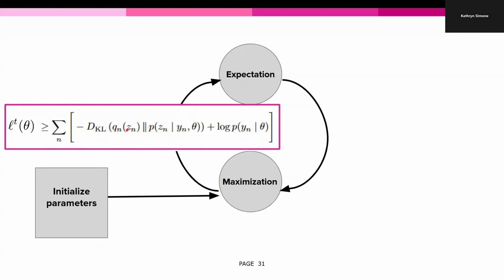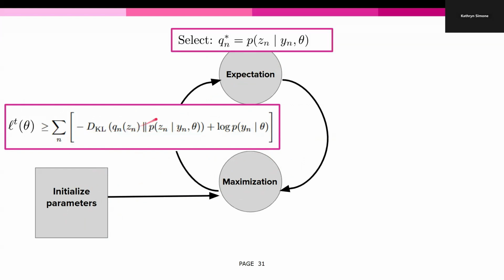And then with that in hand, we move to the E step, where we set the auxiliary distribution over the latent variables. Specifically, we choose the auxiliary distribution to match the posterior distribution of the latent variables given the observed data and our current parameter estimates.